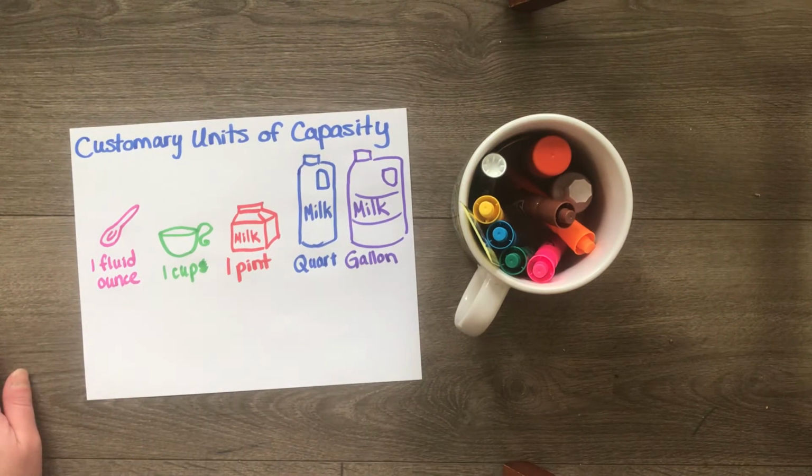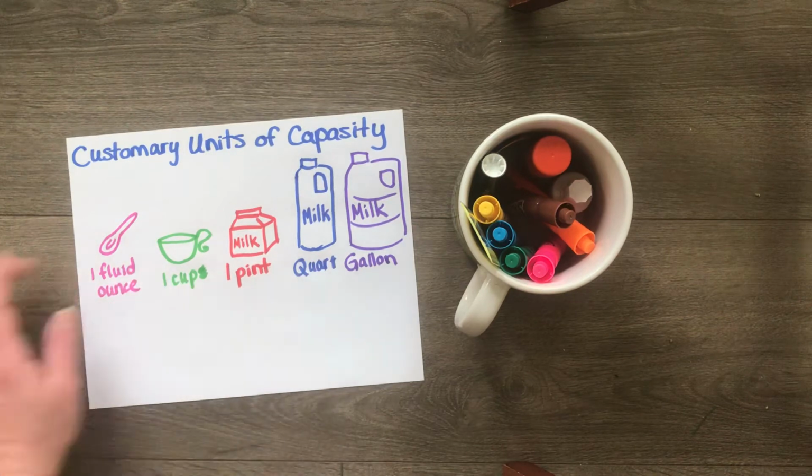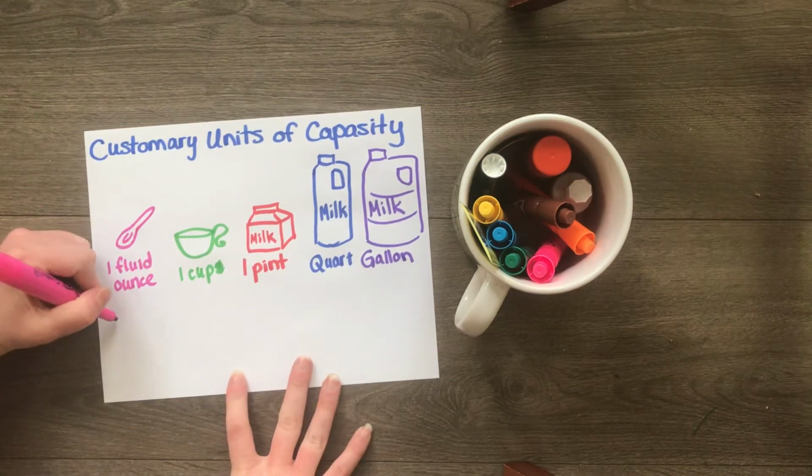Maybe I'm going on a long hike and I want to take a lot of water with me. I would need to know how many cups can fit inside of this quart. So I'm going to give you an idea of how to convert back and forth between ounces, cups, and pints.